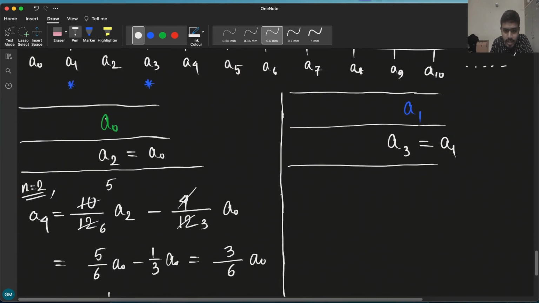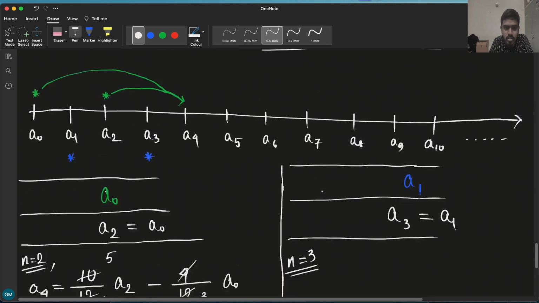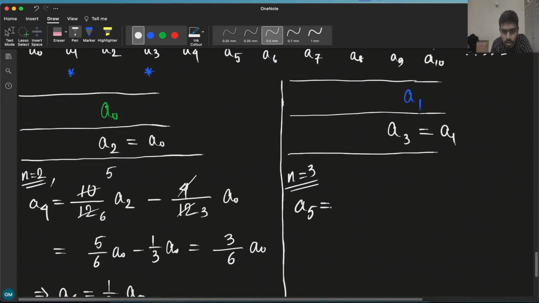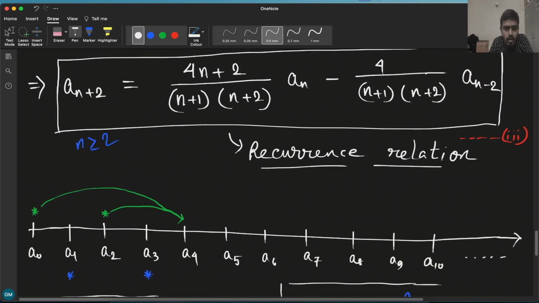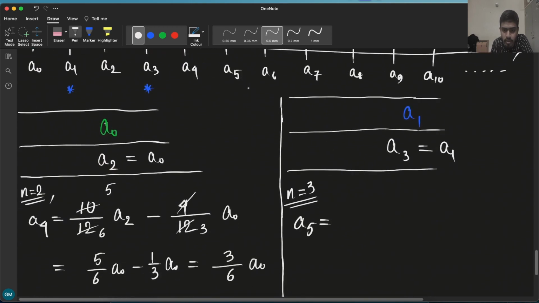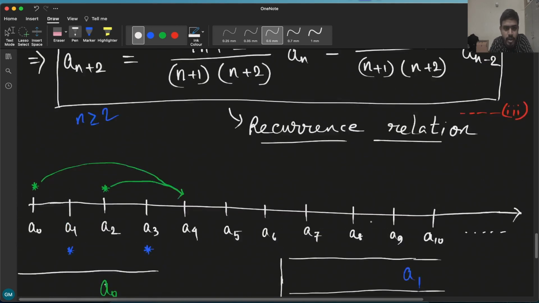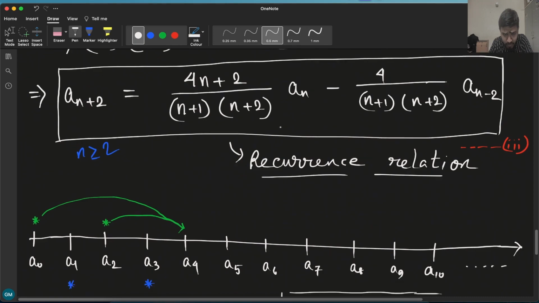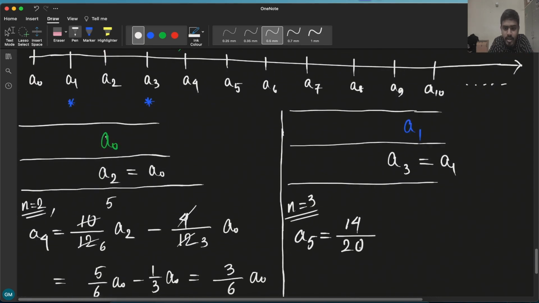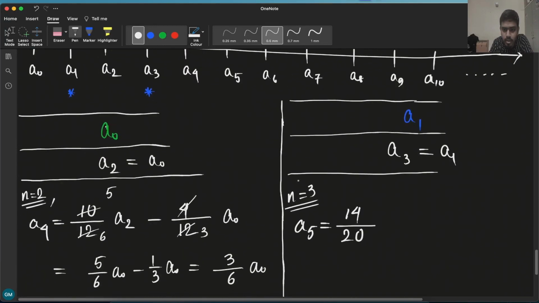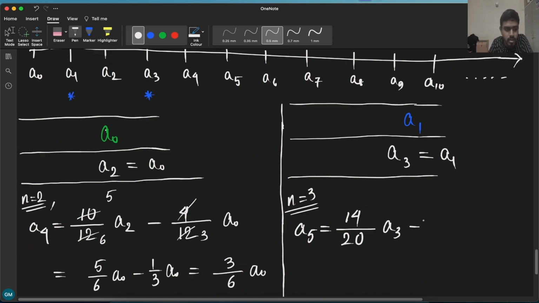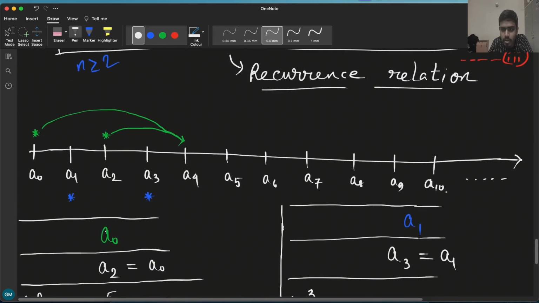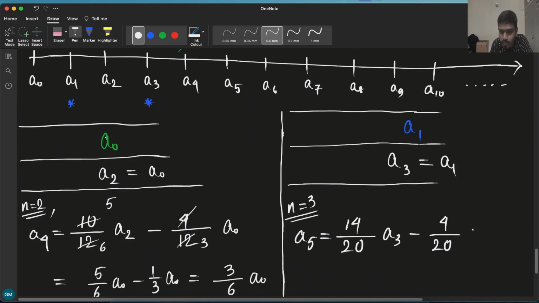And now if I put n equals 3 in this recurrence relation, what we have is basically a5 equals 4 times 3 is 12 plus 2, 14, divided by 3 plus 1 is 4 and 3 plus 2 is 5, so 4 times 5, 20, a3, minus 4 divided by 20 a1, right?